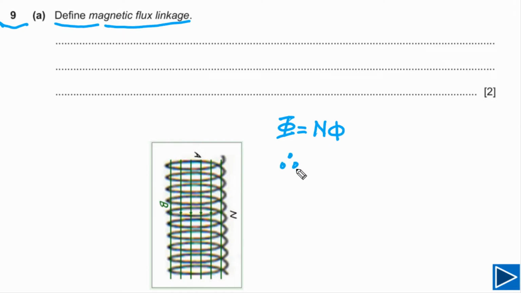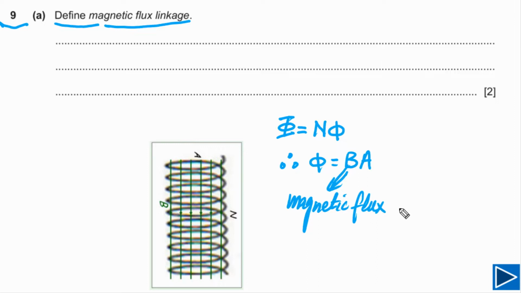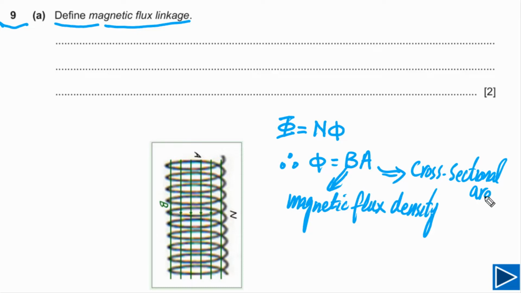But magnetic flux is equal to B times A, where B is magnetic flux density and A is the cross-sectional area of the coil. So we can write down magnetic flux linkage is equal to N times BA. This is how we can write down the equation for magnetic flux linkage.